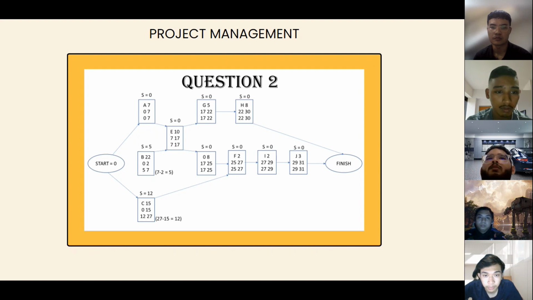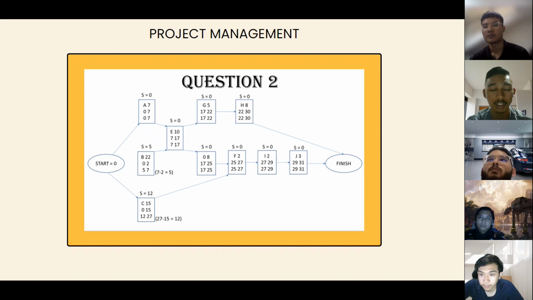For example, from box A and box B to box E, we need to choose the biggest number and add to it. Also, for the second process, we start from the finish and go back to 0, and choose the smaller number and subtract.